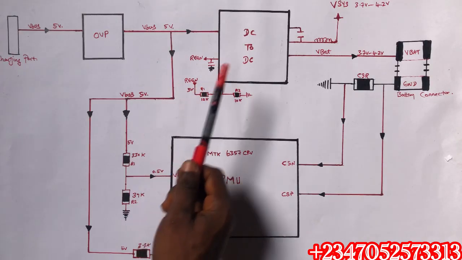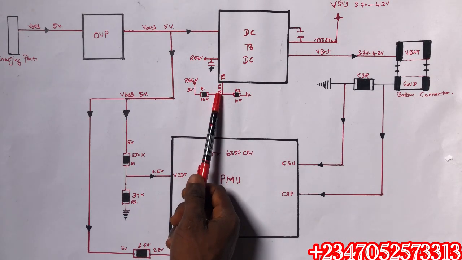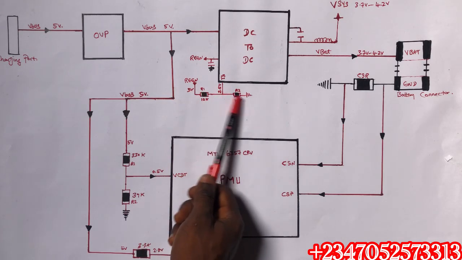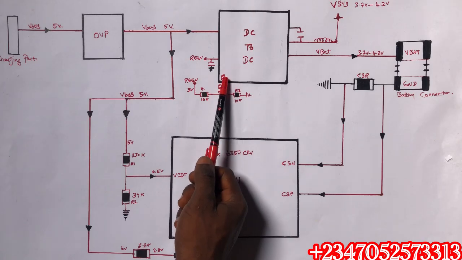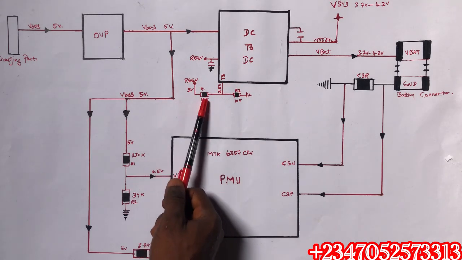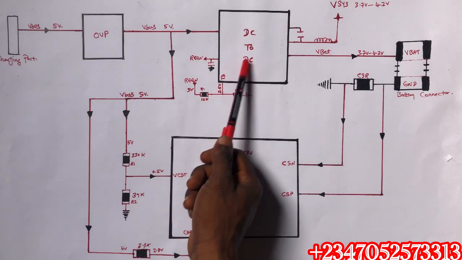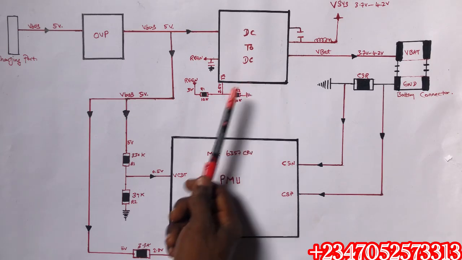The voltage it gives you will be the voltage that will enter into your charging IC. Okay, so 5 volts, you will test it, you see 5 volts, and then if this divider circuit works, on the other side of the resistor you will get 2.5 volts. So this other side will give you the output voltage that will enter into this power IC. So this is the diagram: 5 volts input and then 2.5 volts output that will enter this DC to DC converter, that is a charging IC.